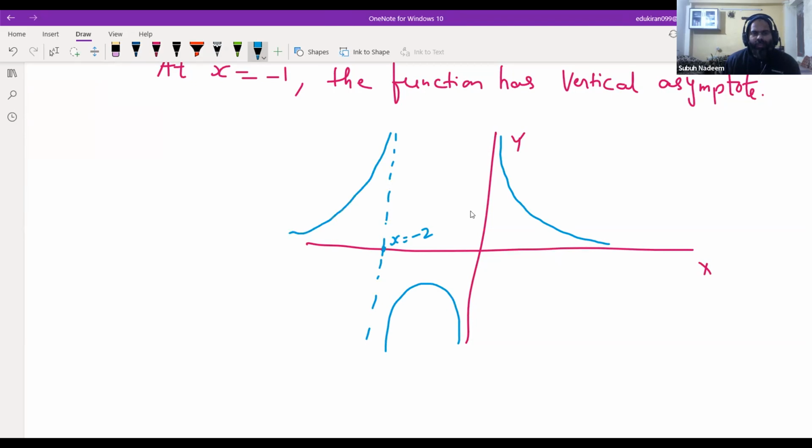So you can say that here there are two vertical asymptotes. One is the y-axis, which is x is equal to 0. This is a vertical asymptote. And another is x is equal to minus 2. This is also a vertical asymptote. So these two vertical lines, x is equal to minus 2 and x is equal to 0, are vertical asymptotes because the rational function has a denominator which is becoming 0 at these points and it is in its simplest form. So this is what it is trying to say.